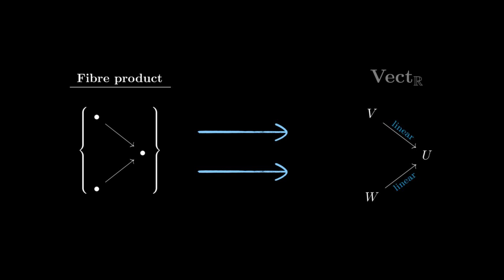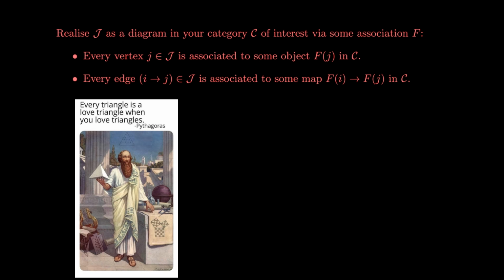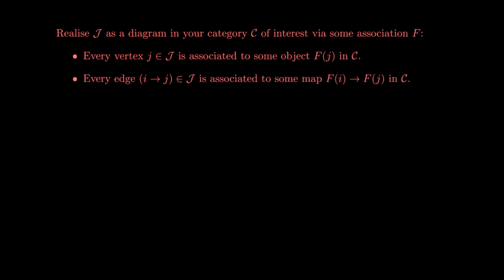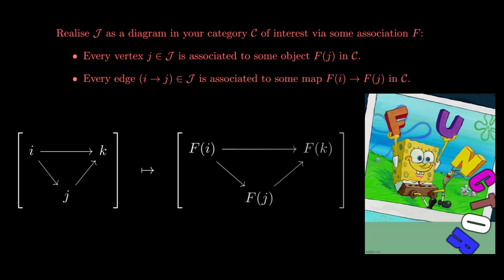For example, if you wanted to realize a diagram in the category of vector spaces, every vertex would need to be given a vector space, and every arrow would have to be given a linear transformation. Of course, not just any association works, but if your diagram doesn't have any triangles in it, then you don't have to worry about anything else. Otherwise, you'll have to be sure that the association is functorial. Any commutative triangle in J has to map to a commutative triangle in your category.